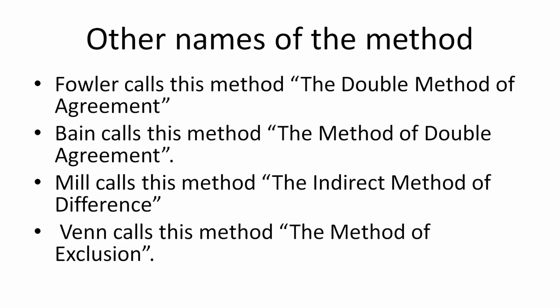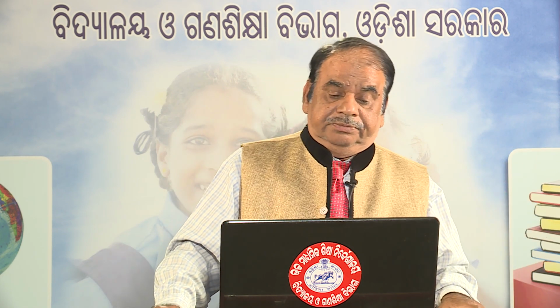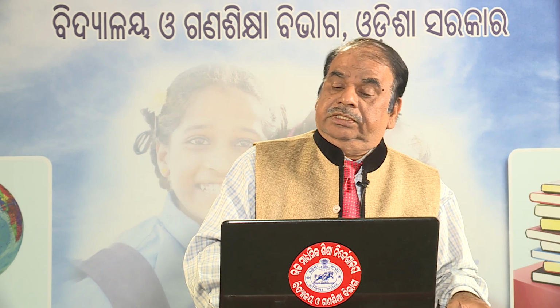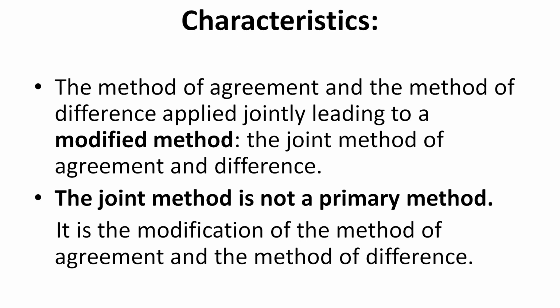The method of difference decides something directly, the difference, and here we indirectly apply the method of difference in one positive set and one negative set. Venn calls this method the method of exclusion. So, in this manner, this particular method has four other names: the double method of agreement by Fowler, the method of double agreement by Bain, the indirect method of difference by Mill, and the method of exclusion by Venn.